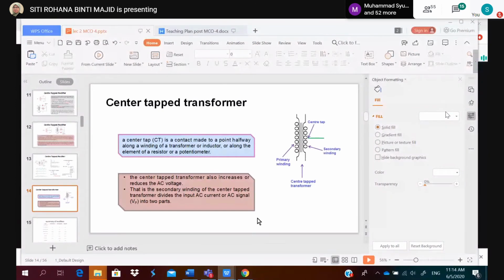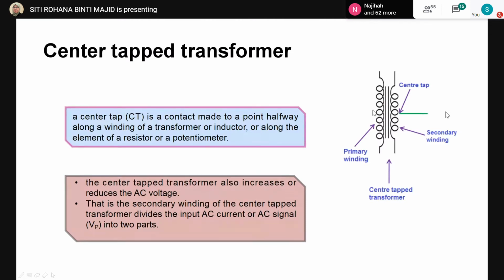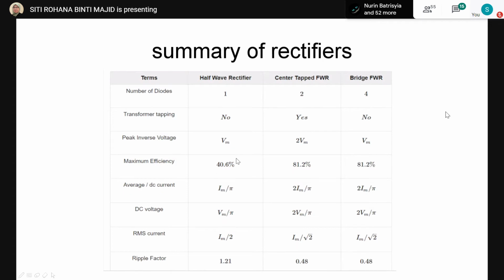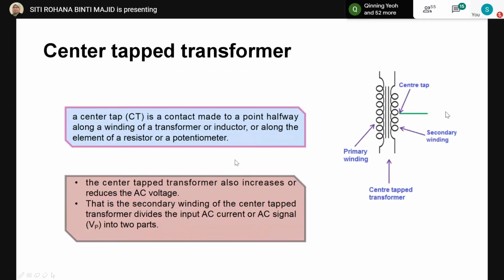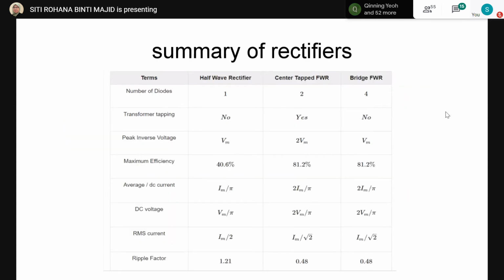And the secondary winding of the center tap will divide the input AC signal into two parts.